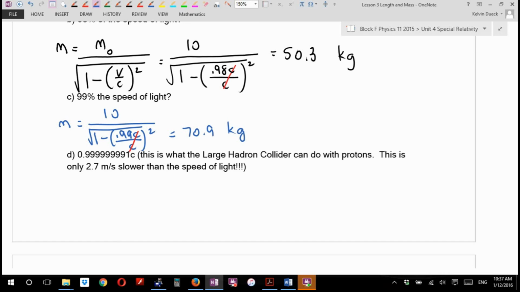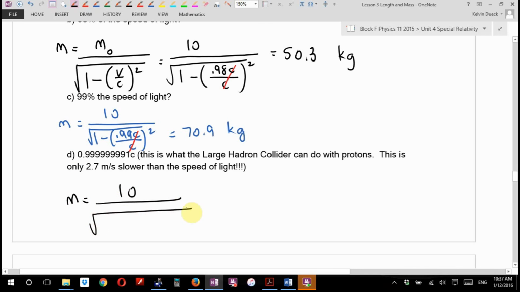But, okay. Let's see if we can get 10 kilograms going this fast. What would it be? All right. 1, 2, 3, 4, 5, 6, 7, 8 nines, and then a 1. And there would be a c there, all squared. Lydia, do the c's cancel?